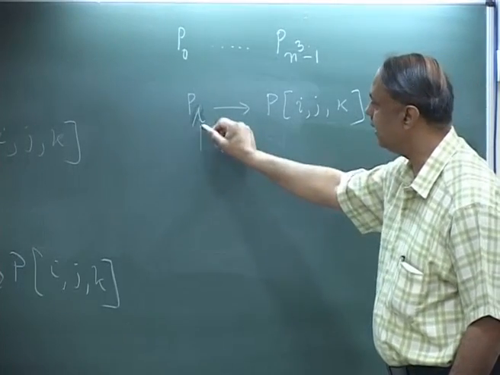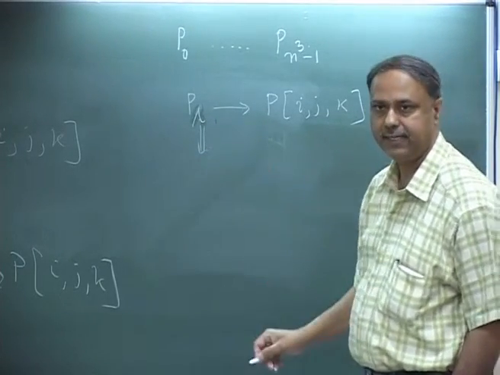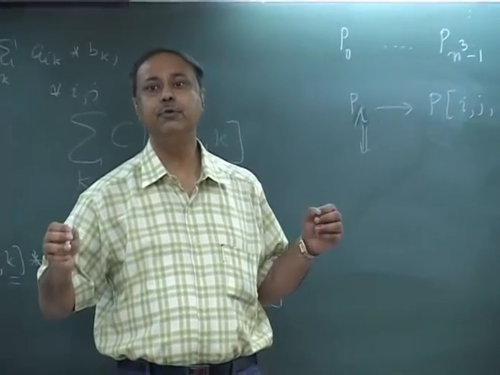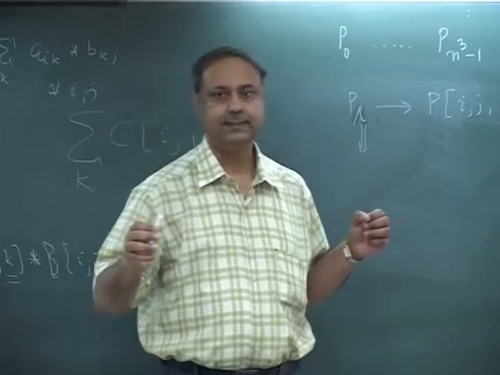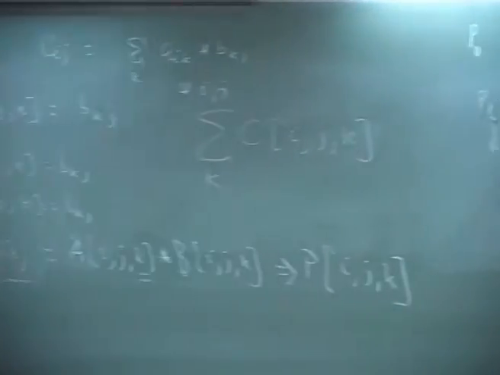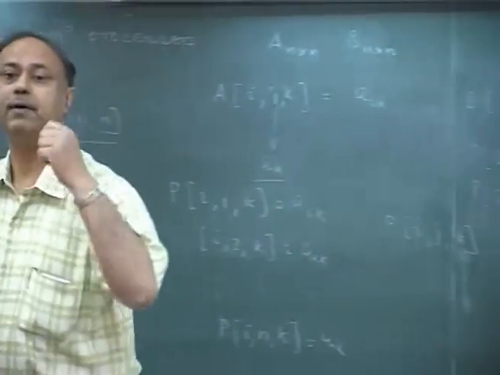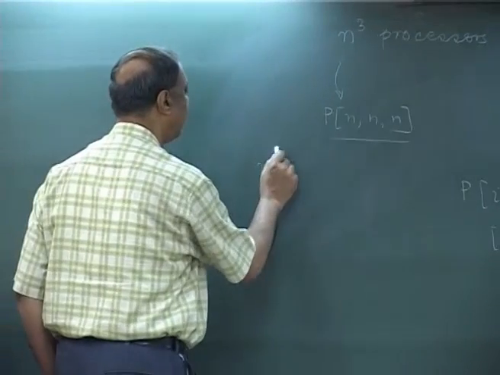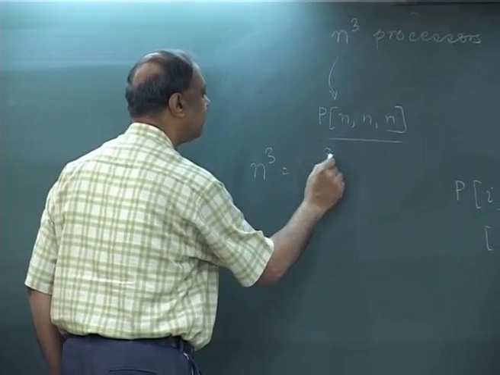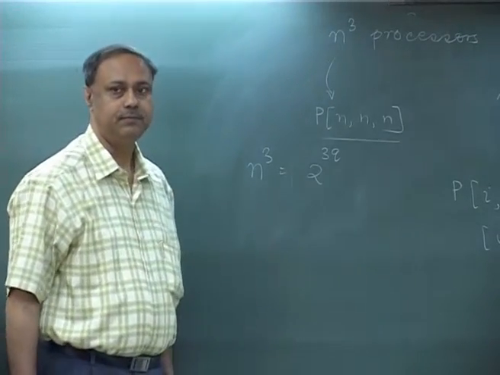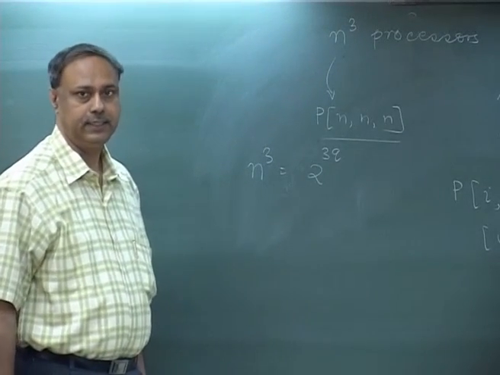So this L I can always write in the form of 3q bits. Because you know that hypercube is always in the form of 2 to the power q. So this n cube can be written as 2 to the power 3q form, right?